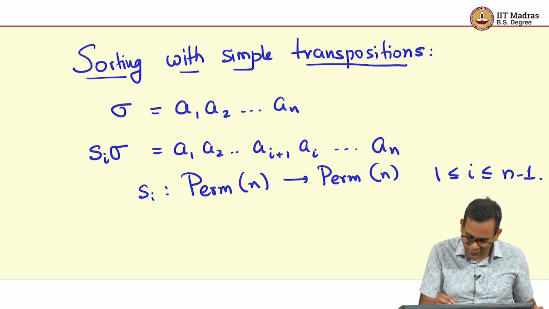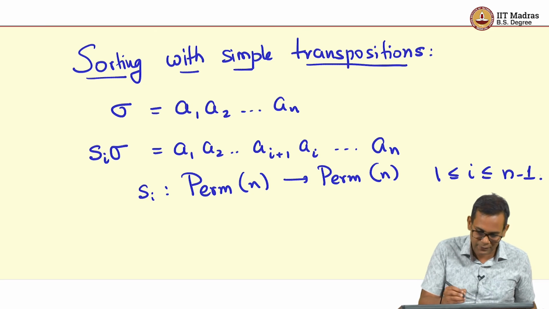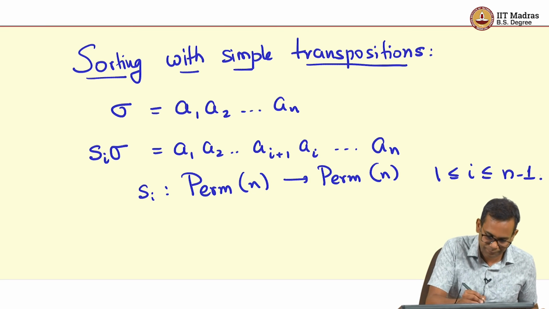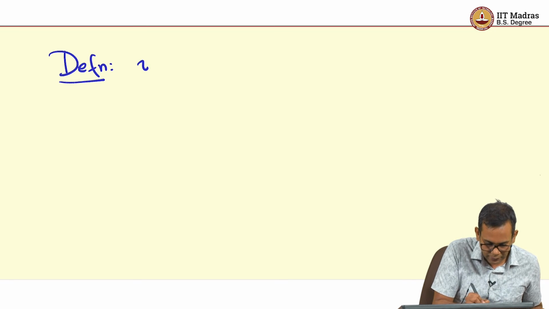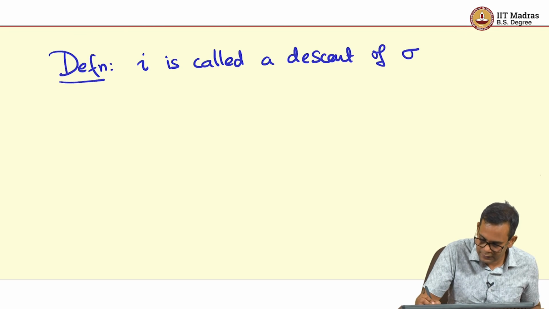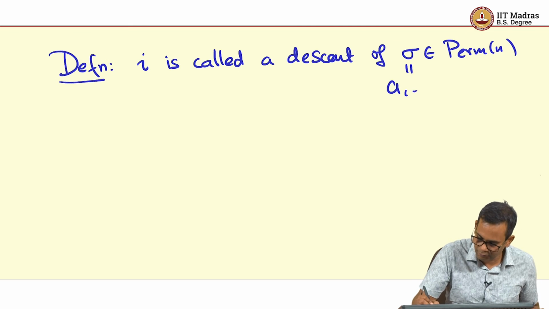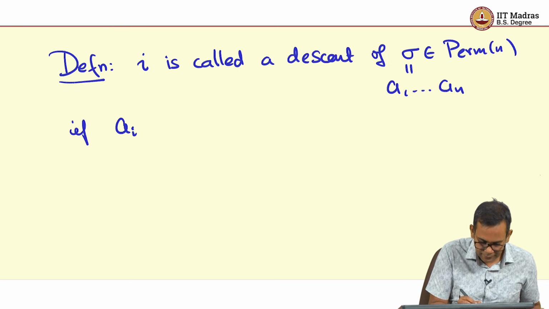So, these simple transpositions occur whenever we have what is called a descent. So, let me define a descent. i is called a descent of sigma in Perm n, let us say sigma is A1, A2, ..., An, if A_i is greater than A_{i+1}.